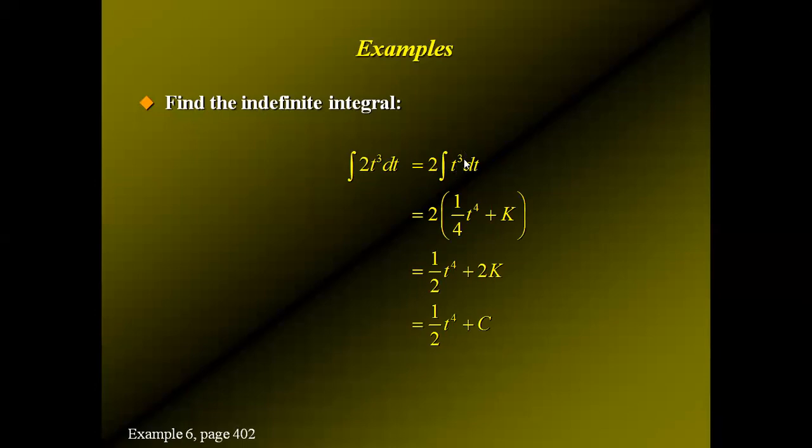Then we can find the integration of t cube using the power rule: t to the power 3 plus 1 divided by 3 plus 1, that means t to the power 4 divided by 4, plus k, where k is the integral constant. Remember it, and this 2 will be multiplied with the whole. After multiplying 2, we get this, and this 2k can be written as capital C. Remember it, this is another integral constant. So this result is this.